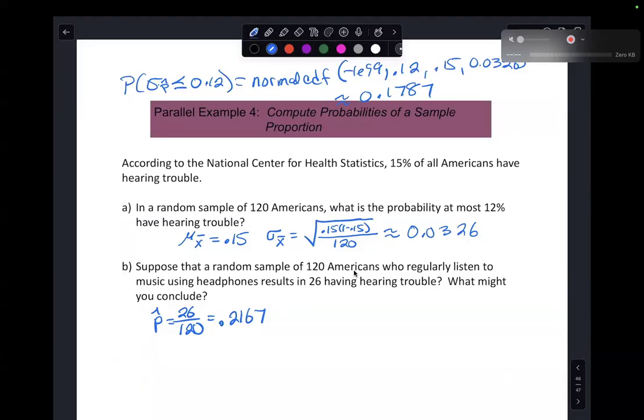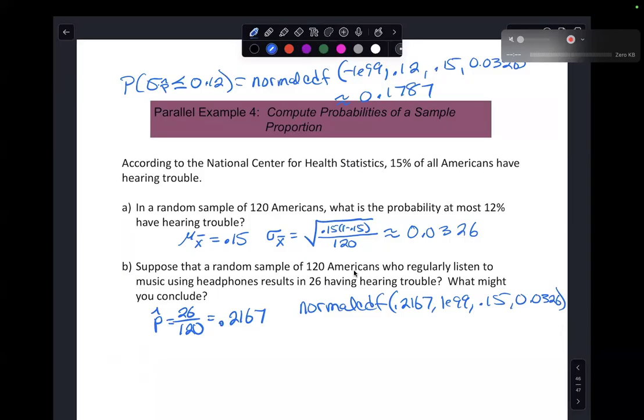So you're saying, given that 15% of all Americans have hearing trouble, what's the probability that I have 26 or more people with hearing trouble? I would use my normal CDF with 0.2167 to 1E99, 0.15, and then 0.0326. Same type of thing.